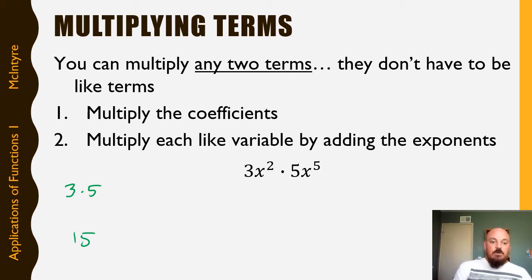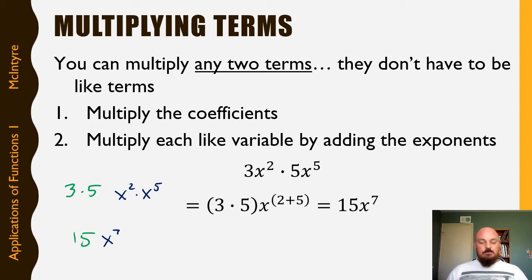So for the second part of this question, I do x squared times x to the 5th. Now, here's what I was reminding you guys of, something you learned before. When you're multiplying x's, you add the exponents. So x squared times x to the 5th equals x to the 7th power. 2 plus 5 equals 7. And that's what I have here. 15x to the 7th for our final answer.